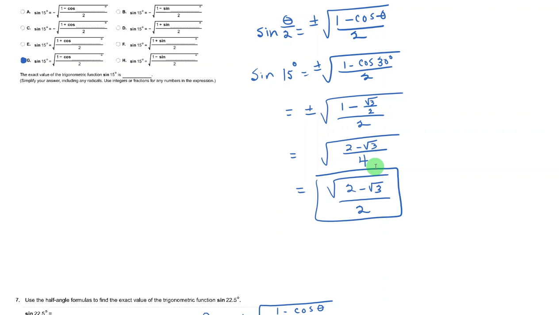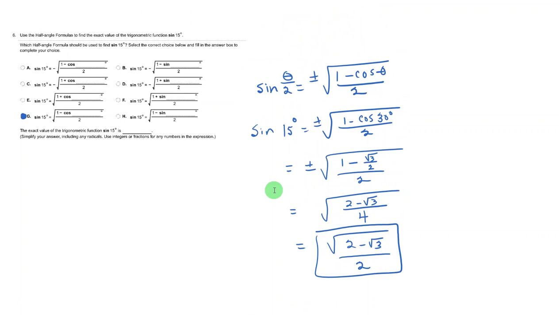So we have over 4. And ultimately, the square root of 4 is 2. So we look like this. So the final answer goes here, and you're choosing G, and you put 1 minus cosine, and you put the 30 degrees in here, but your final answer goes here.